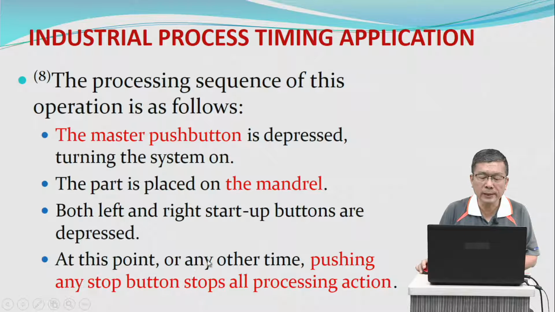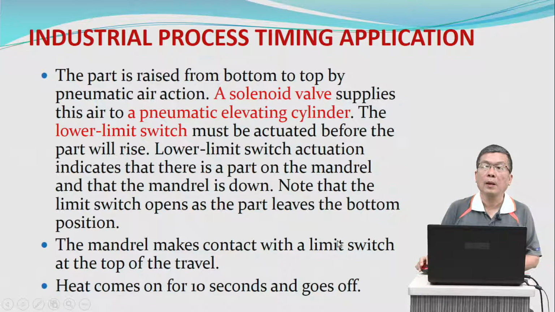At this point, or any other time, pushing any stop button stops all processing action. The part is raised from bottom to top by pneumatic air action. A solenoid valve supplies this air to the pneumatic elevating cylinder.